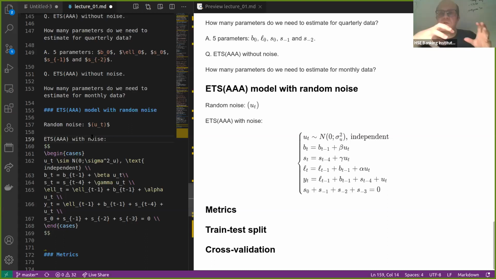So we have introduced random noise in almost every equation except the normalizing one. Okay, any questions? Okay, no questions. Let's discuss what we can.